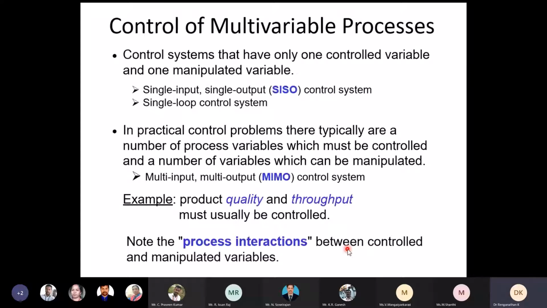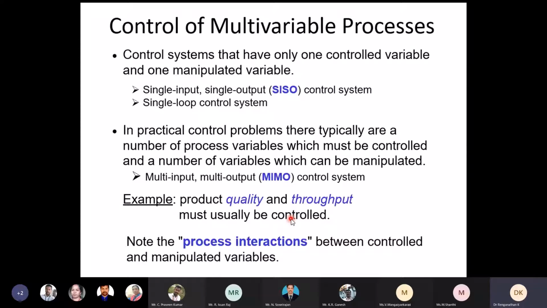When the control system has only one control variable, that is not a big problem, because it is a single input single output system. Whereas when it is a MIMO system, the process interactions between the control and manipulated variables have to be thought about and taken into consideration for controlling purposes.